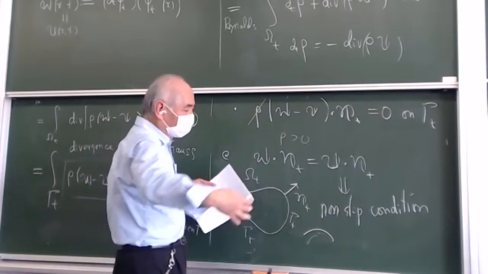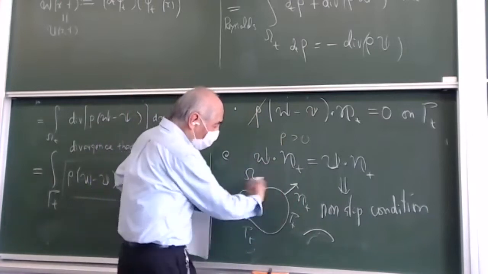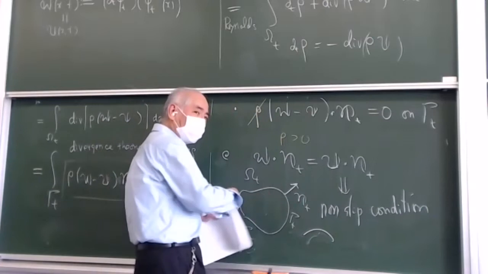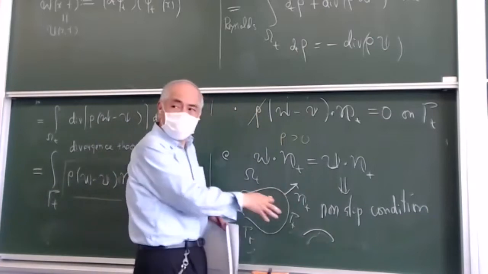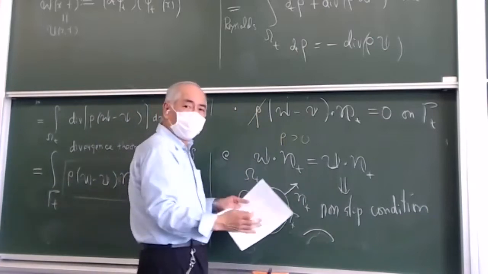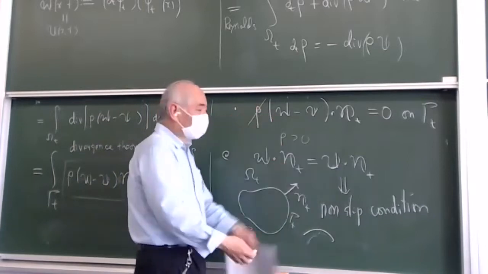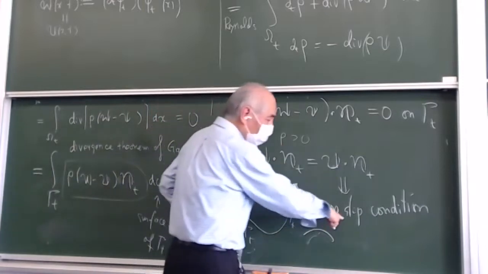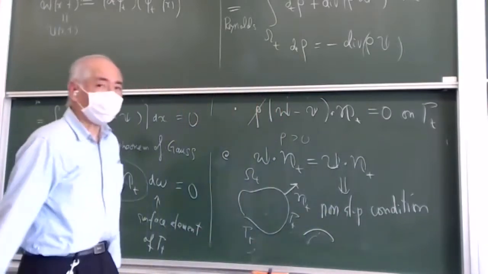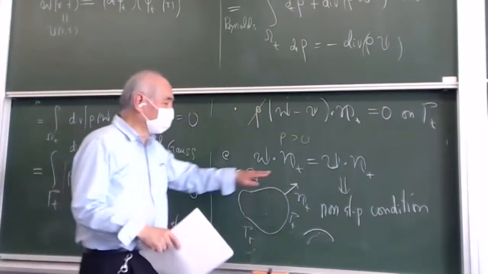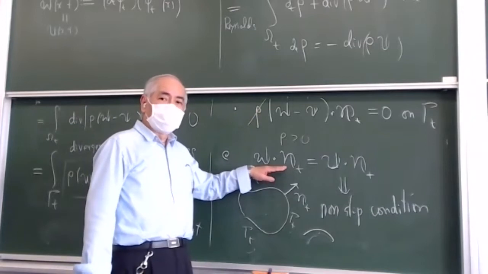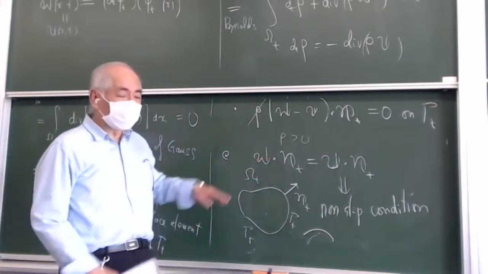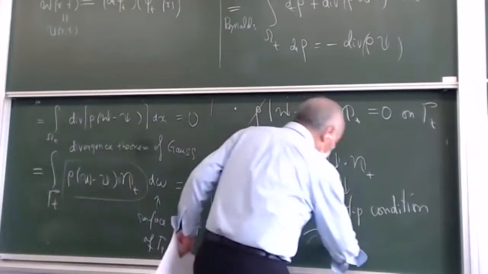We expect at least that the domain and fluid have no slip, no vacuum, no overflow. Okay, so this condition guarantees the no-slip condition. It's really necessary, but the important conditions are kinematic.